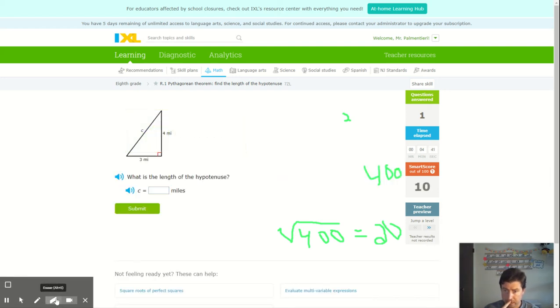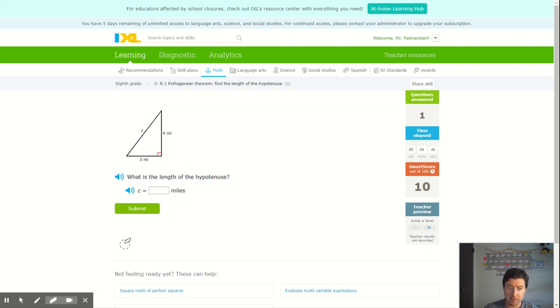All right, so now next question here. At one point you're going to notice patterns, especially Khan Academy talks about the Pythagorean triples. But if you don't really notice the patterns, you can just keep doing the same method where we know we have A and B. We're going to have to do a squared plus b squared equals c squared.